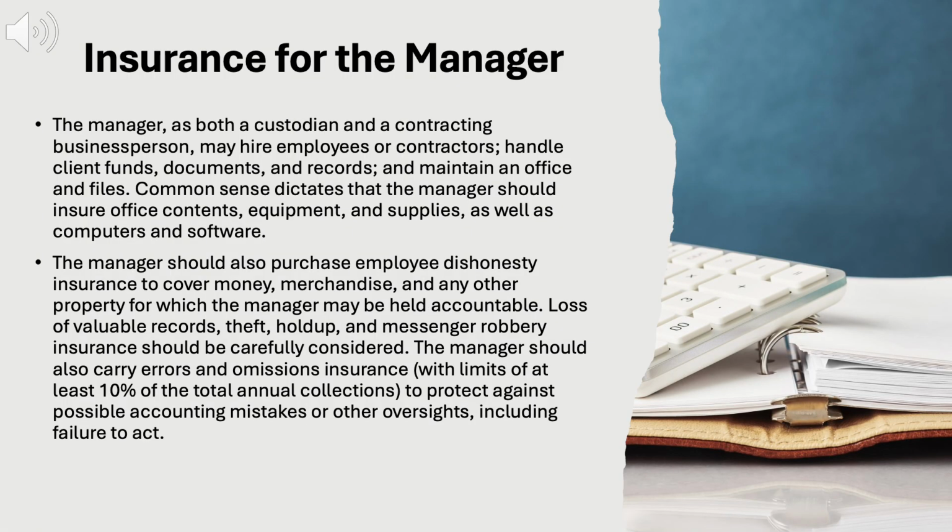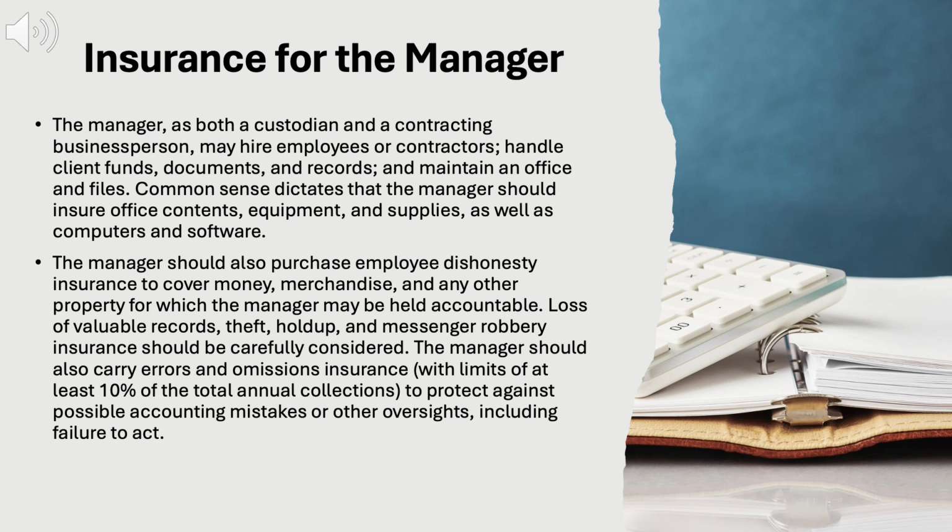Insurance for the manager. The manager, as both a custodian and a contracting business person, may hire employees or contractors, handle client funds, documents, and records, and maintain an office and files. Common sense dictates that the manager should insure office contents, equipment, and supplies, as well as computers and software.